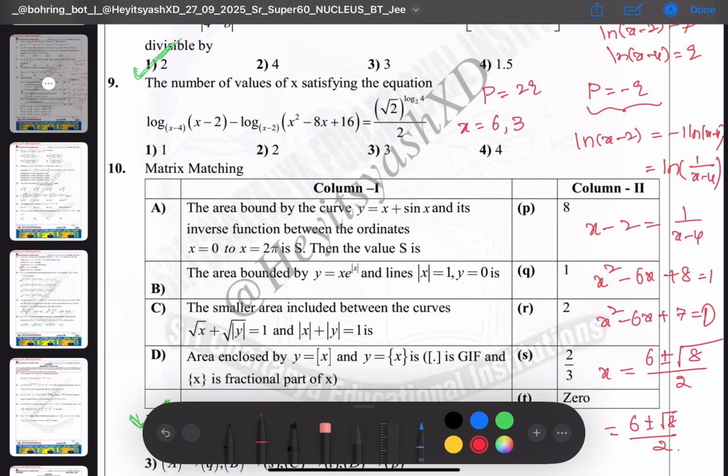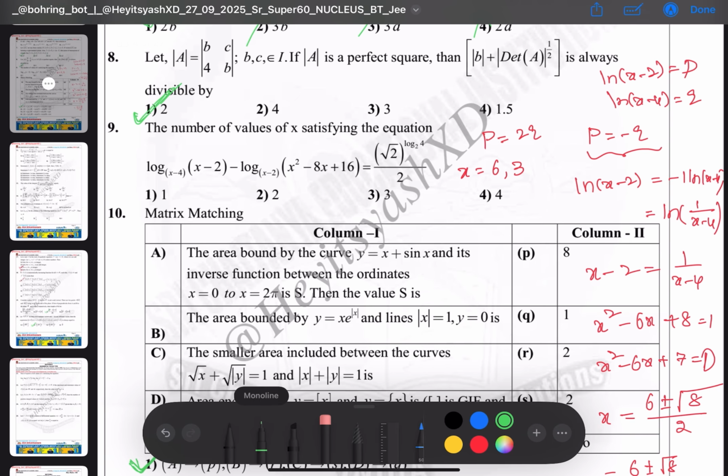Now what we have to do is, these quantities have to be greater than 0. The domain has to be greater than 0. So x minus 2 greater than 0 gives you x greater than 2. So this also has to be greater than 0, so (x minus 4) whole square greater than 0.